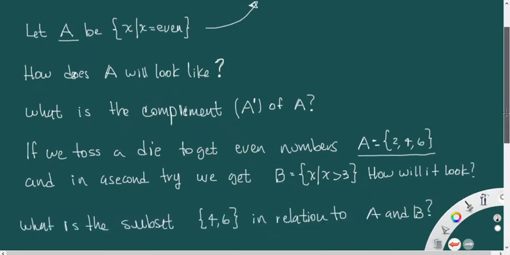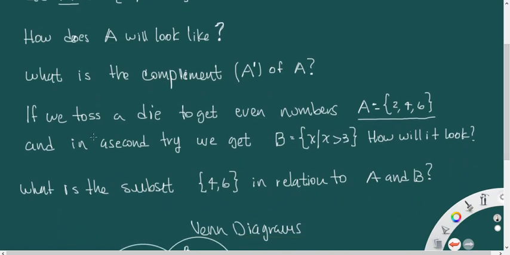And let's think that you toss a die a second time and we get some event B. And this event B, let's suppose, is equal to all those numbers that are greater than 3. Now, how will this subset look?